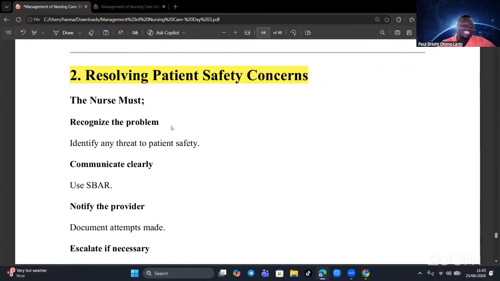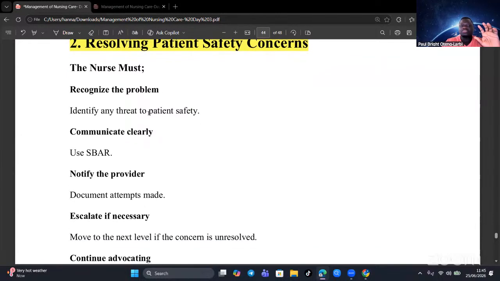So they ask you a management question. Two patients are fighting on your shift, or a visitor and another staff, or two nurses are fighting, two colleagues are fighting. What are you going to do? As the nurse, you must recognize the problem. Identify any threats to patient safety.